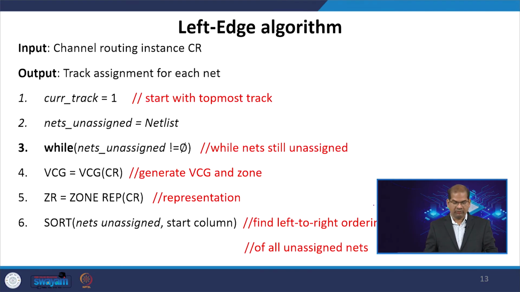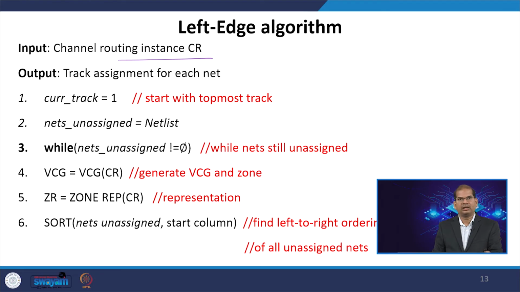Now, we will discuss the left edge algorithm pseudocode. Then we will discuss an example. Basically, the input to the left edge channel routing algorithm is your channel routing instance, that is CR.